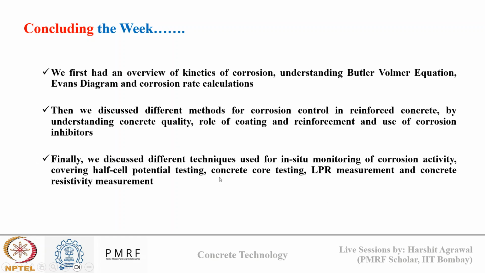And finally, we discussed different techniques used for in situ monitoring of corrosion activity, where we covered half cell potential testing, concrete core testing, linear polarization resistance measurement, and concrete resistivity measurement.